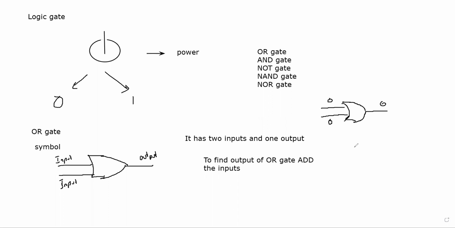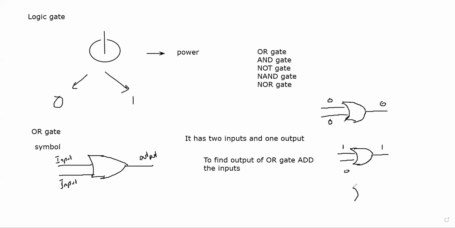If one of them is 1 and the other one is 0, what will be the output? 1 plus 0 equals 1.